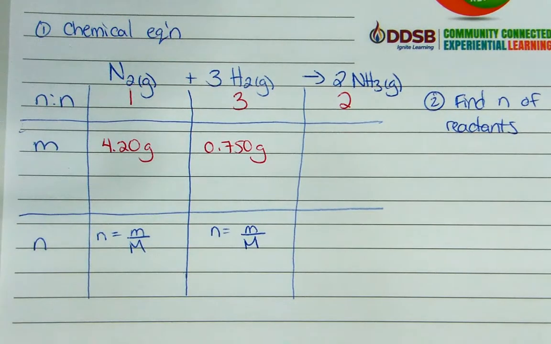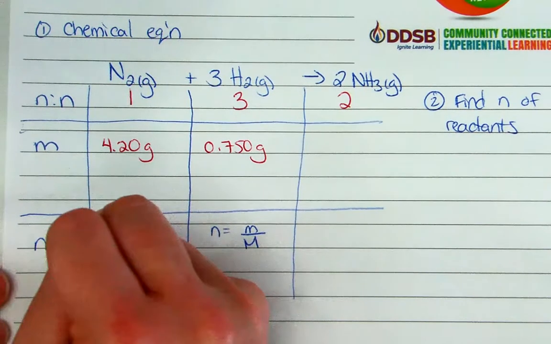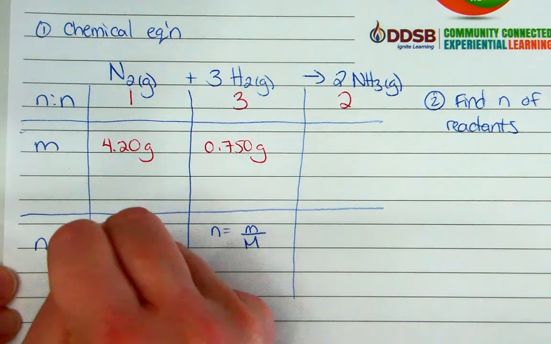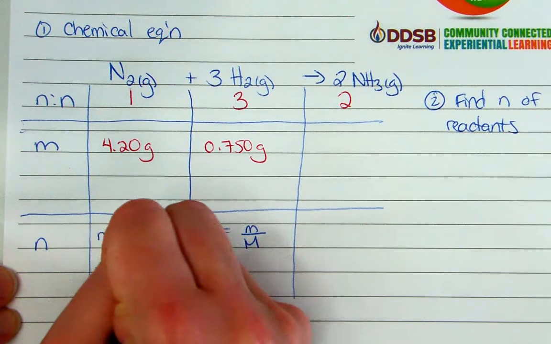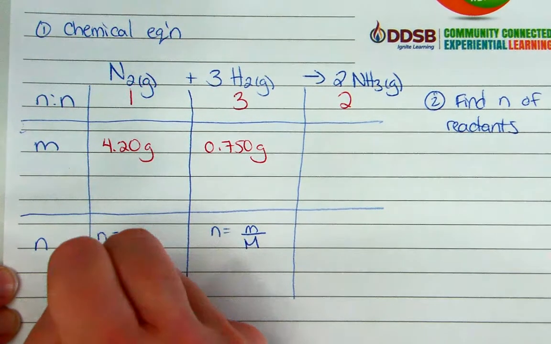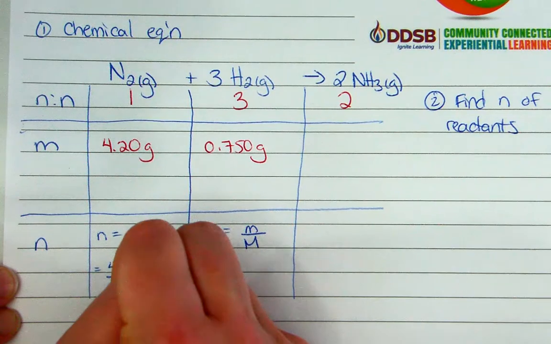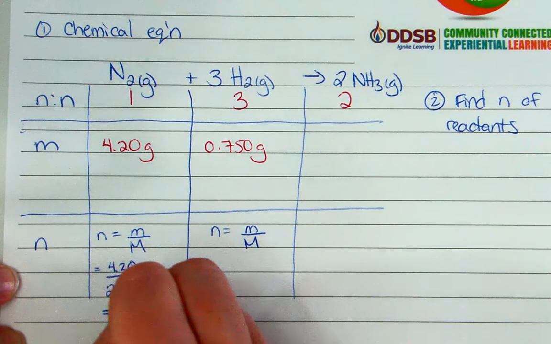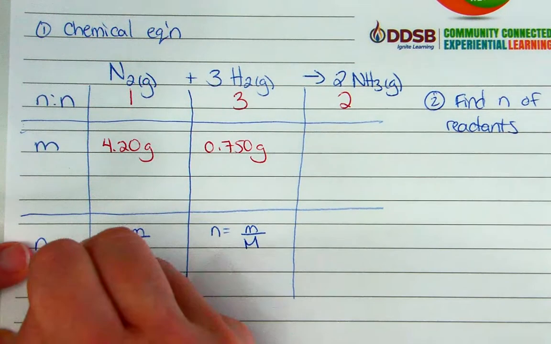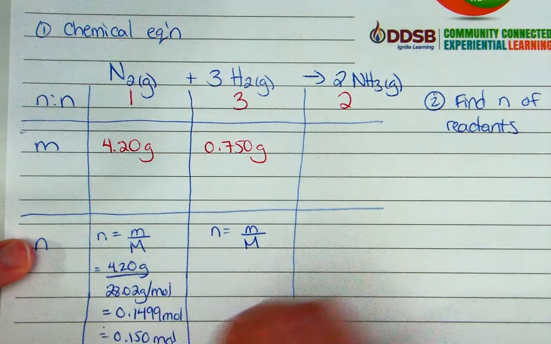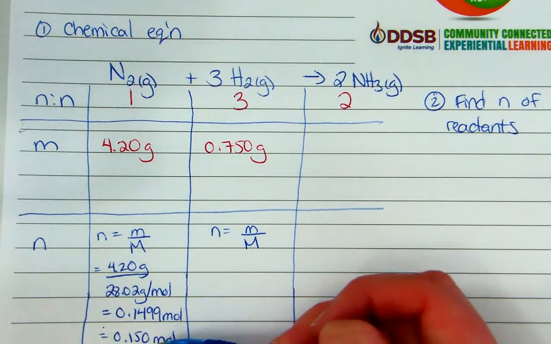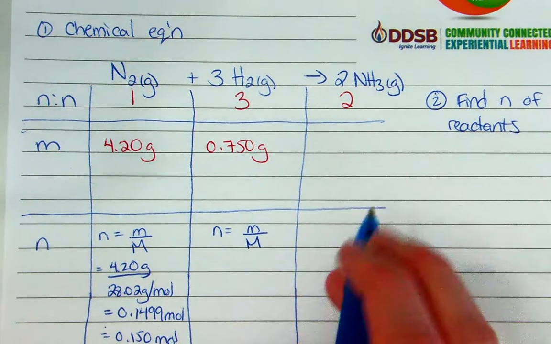You guys should pause and find the number of moles yourself. Okay, with sig digs, I find the number of moles of nitrogen gas gives me 0.150 moles.